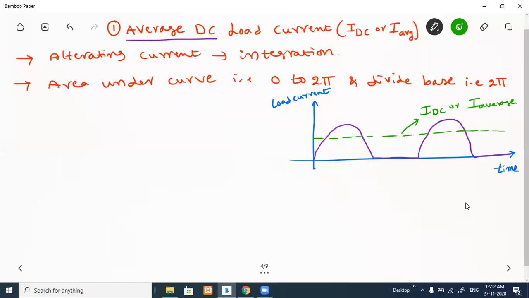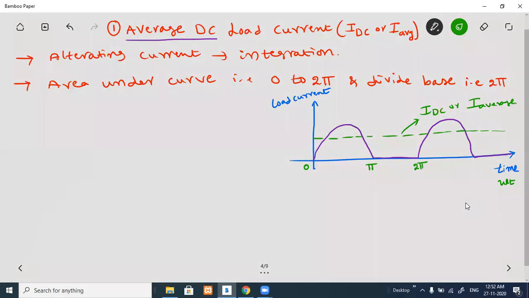So to calculate the average value, first calculate the area under the curve for one complete cycle. Assuming the axis is omega t, I am considering radians, that is 0 radians, pi radians and 2 pi radians. So from 0 to 2 pi, calculate the area under the curve.